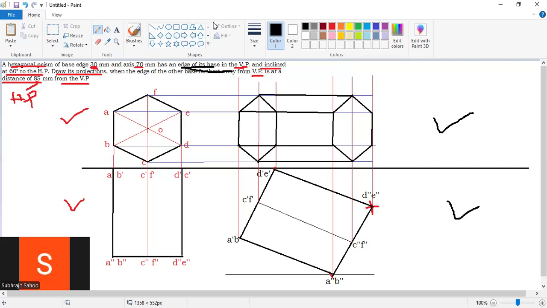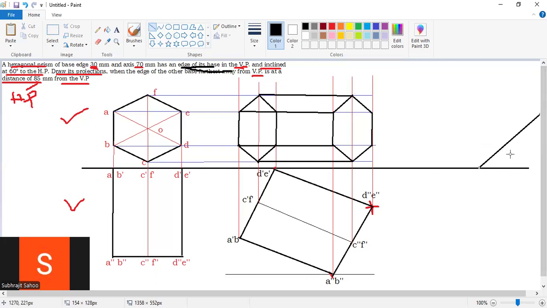See how to do this problem. Very simple, just like the scenery diagram. Right? Observe. What do I have to do? 60° here. So I have to draw a 60° line here.